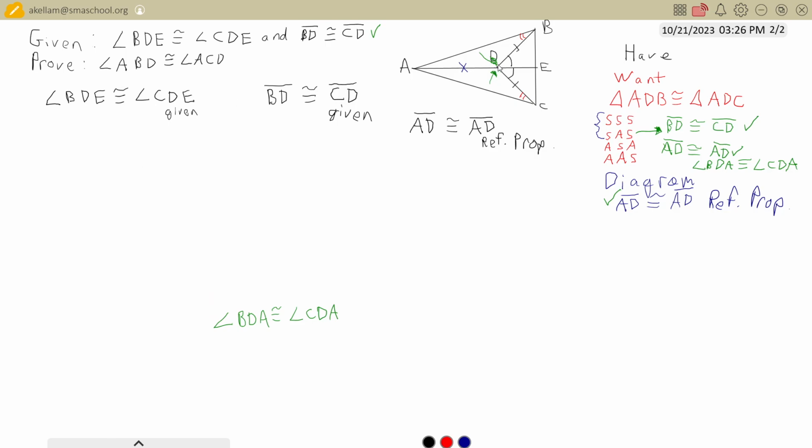Well, from my diagram, I can see that angle ADB and angle EDB are supplementary.